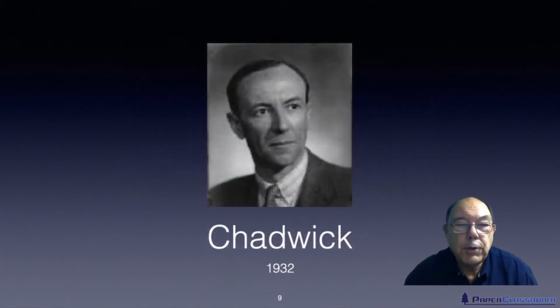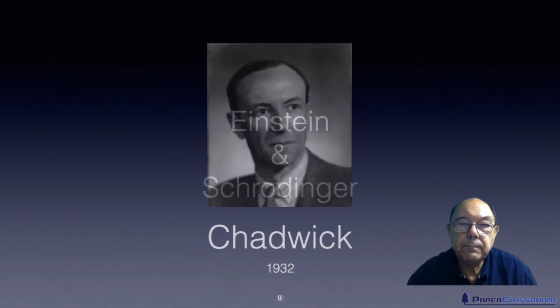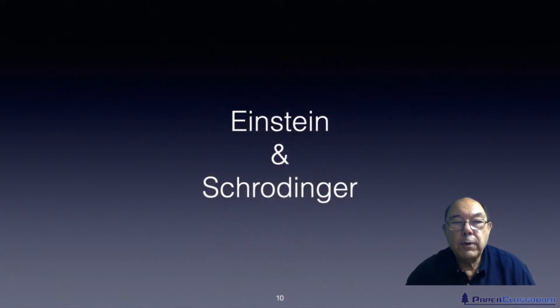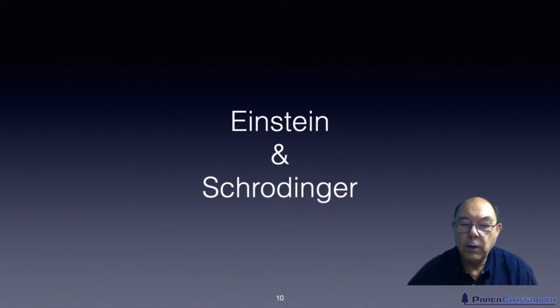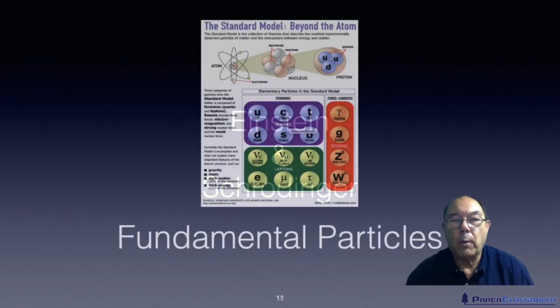In 1932, Chadwick, an English chemist, actually proved the existence of neutrons, and for which he got the Nobel Prize. Following on from him, there were people like Einstein and Schrödinger, and they made life even more complicated.